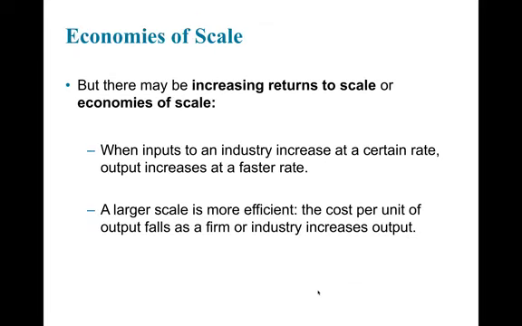Economies of scale, or increasing returns to scale, refers to situations when output increases at a faster rate than input. So if you double your inputs, output more than doubles. In such a situation, a larger scale is more efficient.